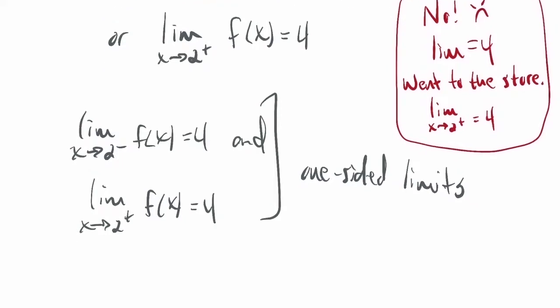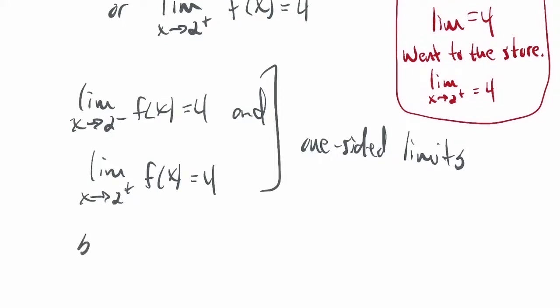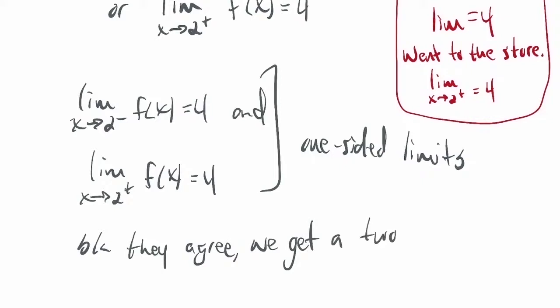Okay. Now, since they agree, we get the same result. This means we have a two-sided limit, which is often just called a limit, but in this context, we can be specific and call it two-sided.